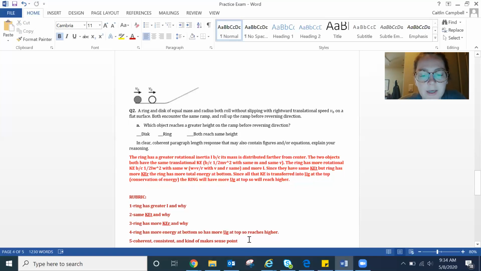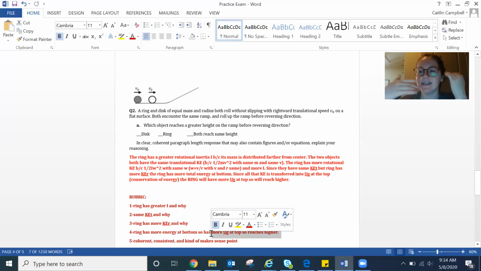The fifth point on this, and this is like all paragraph length responses, has this paragraph point. So let's say you made the mistake early on of saying that the disc has more I, but then your reasoning totally follows. You're still going to get this last point because you were following through, with nothing inconsistent, logical.